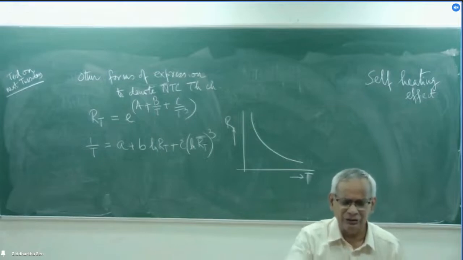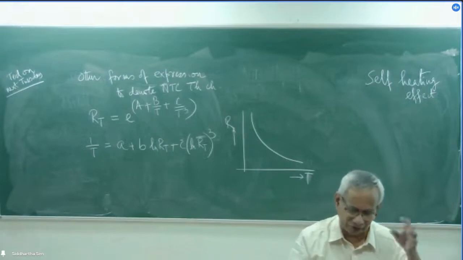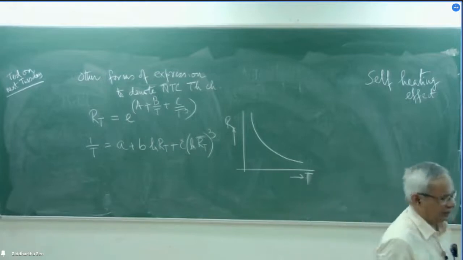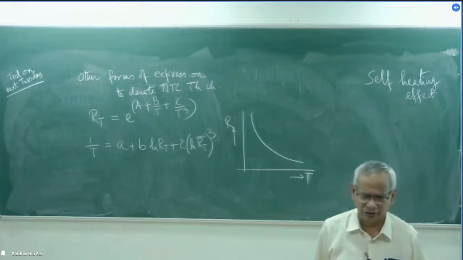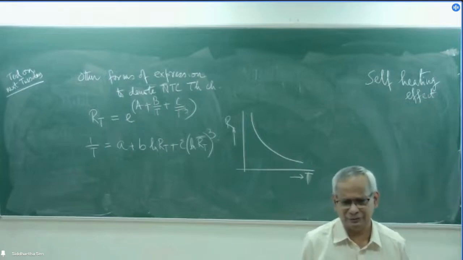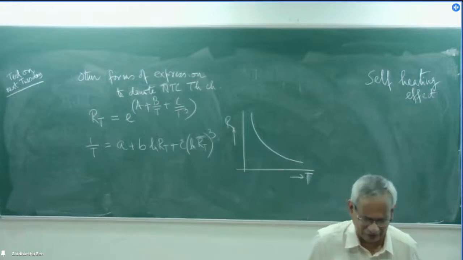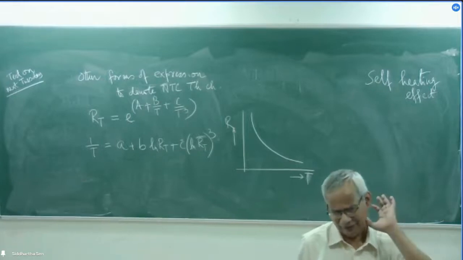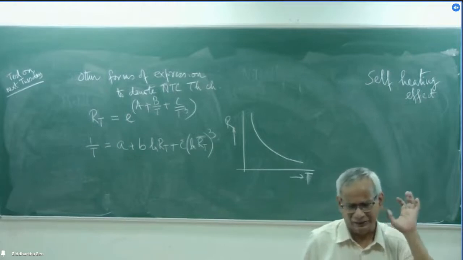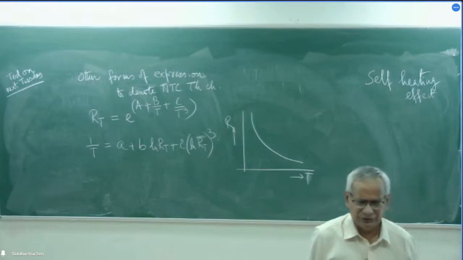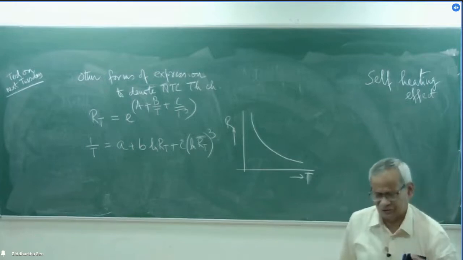In this way it is a cumulative effect, and the thermistor may get damaged because you don't know its current carrying capacity. So if you want to measure the resistance of a thermistor, it is always advisable to connect a fixed resistance in series with it and then measure. In that case, the current through the thermistor will not go up unrestricted. I hope it is clear.